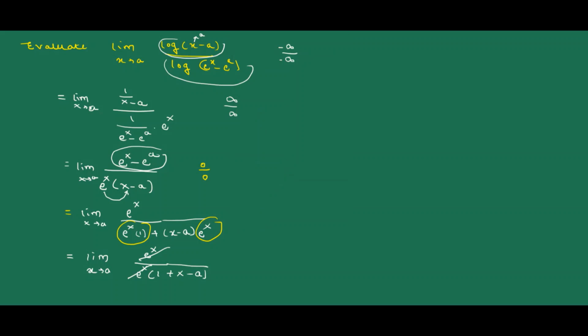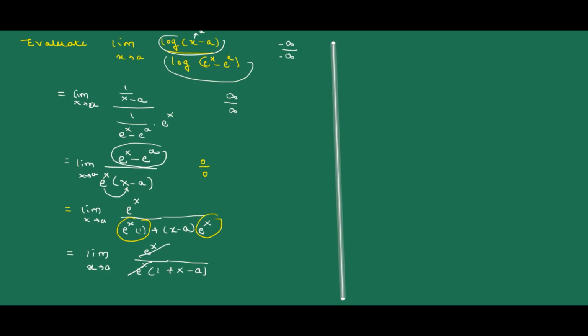Then we get limit x tends to a. The remaining term is 1 divided by 1 plus x minus a. Now put the value of x is equal to a. This a minus a is equal to 0. So we are left with 1 divided by 1, and 1 by 1 is equal to 1.